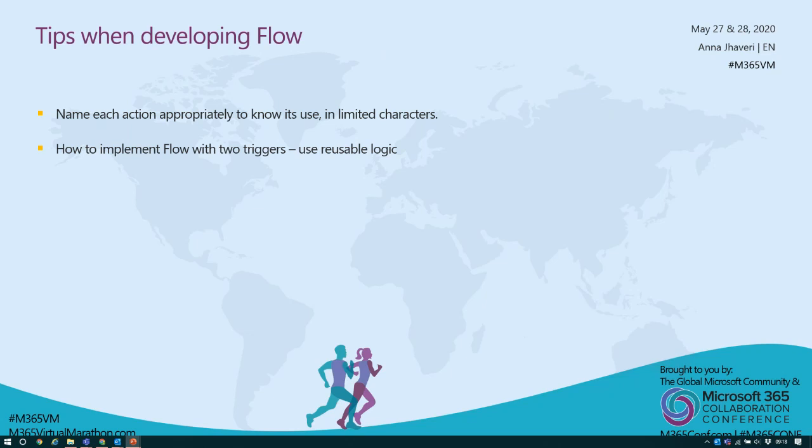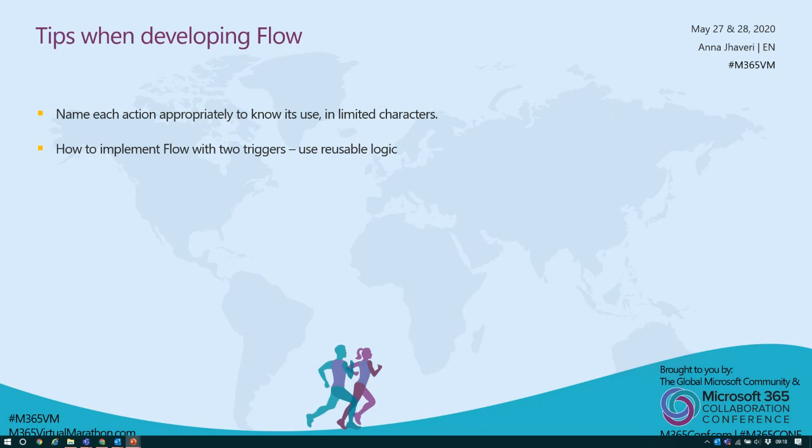Then, for example, if you want to implement two triggers in the workflow, so you have a common flow logic but you want two triggers for that flow. By default, you can't have two triggers for a flow while developing.